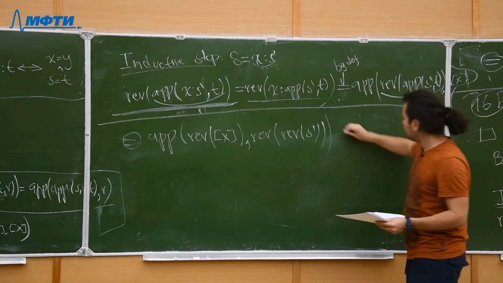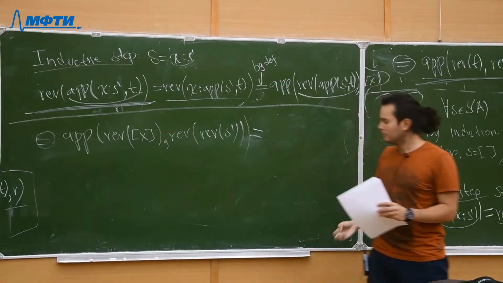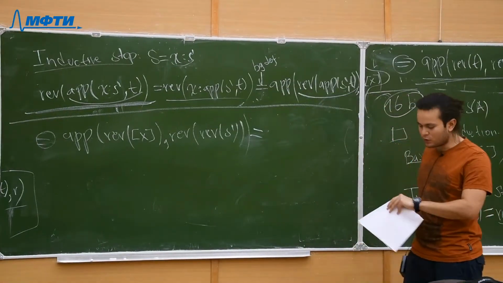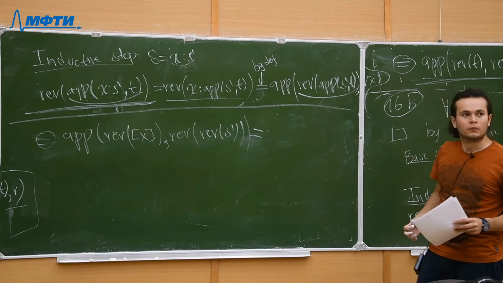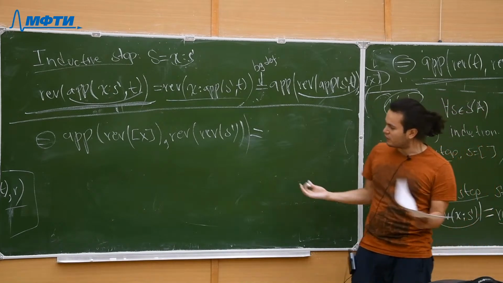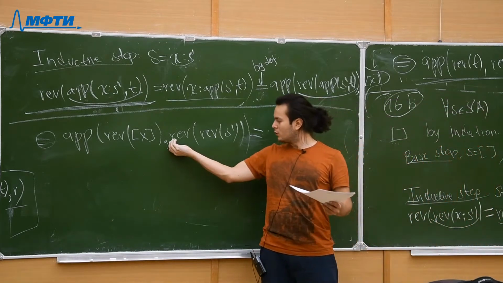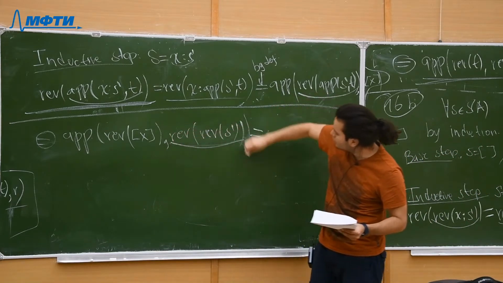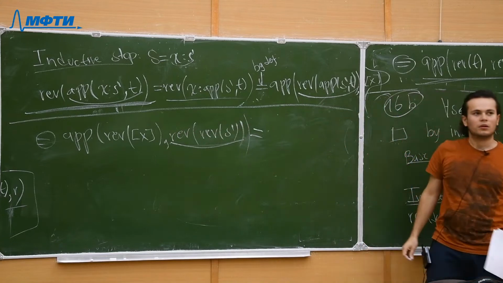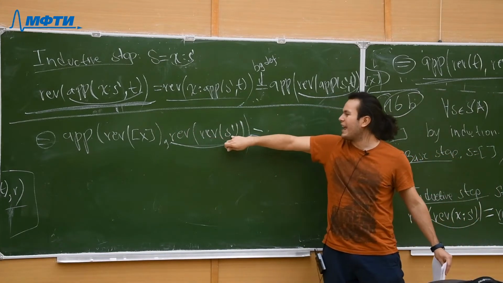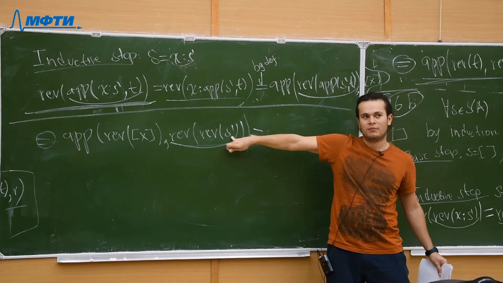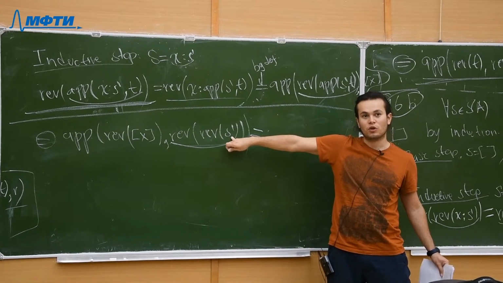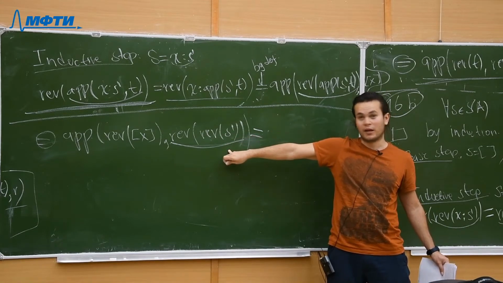And then what is this equal to? What can we see here that maybe is good for us? So what is this equal to? The reverse of s prime. What did we assume? So this will be s prime, right?